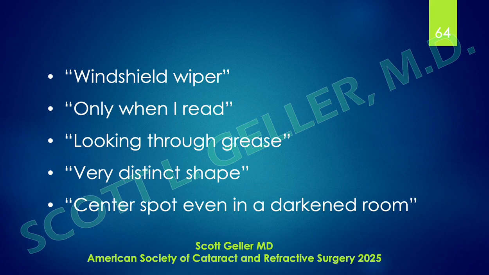Yeah, it always goes back to that spot. Well, that's usually a hyaline opacity due to a PVD, posterior vitreous detachment. And when they say it's a center spot, even in a darkened room, that usually means they have something in the premacular bursa. And I'll go into how you can diagnose that easily without fancy equipment.